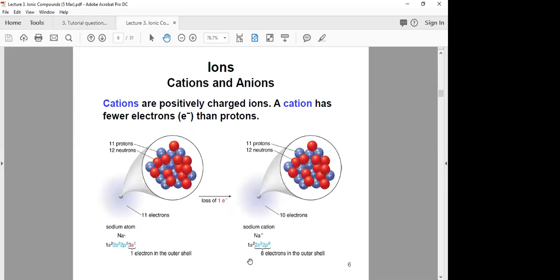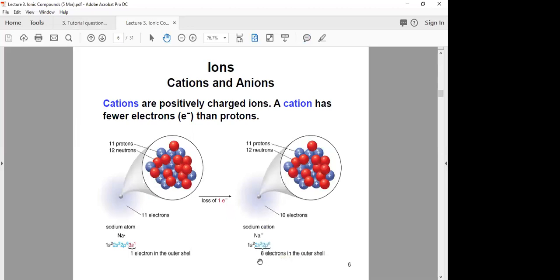But more importantly, let's now look at the electron configuration. Which shell is now the valence shell for sodium? The shell number 2, that's right. N equals 2 is now the valence shell. And how many electrons can you see in the valence shell? In other words, how many valence electrons does sodium have now? 8. 8, that's right. 8 electrons in total, 2 there and 6 there.